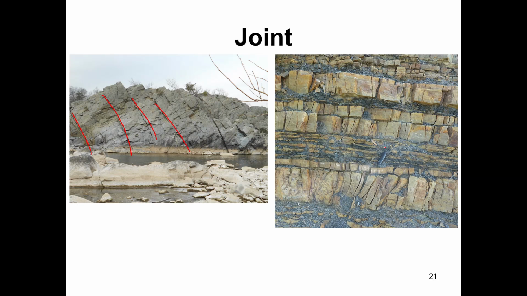Also here the system is quite tight, with close spacing in the fractures. You can see how small the fractures are. So this is systematic, and joints break in a systematic way.